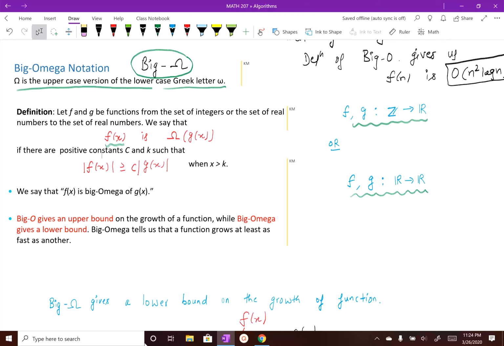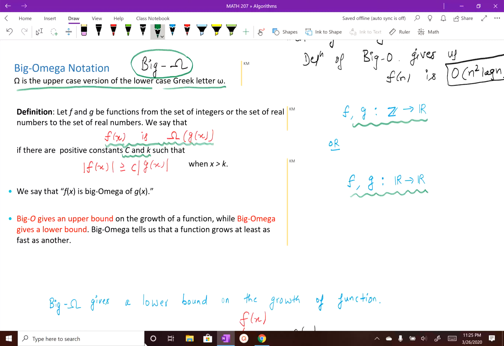Then we say that f(x) is big omega of g(x) if there exist two positive constants c and k such that we can satisfy this inequality: the absolute value of f(x) is greater than or equal to c times the absolute value of g(x) whenever x is greater than k.